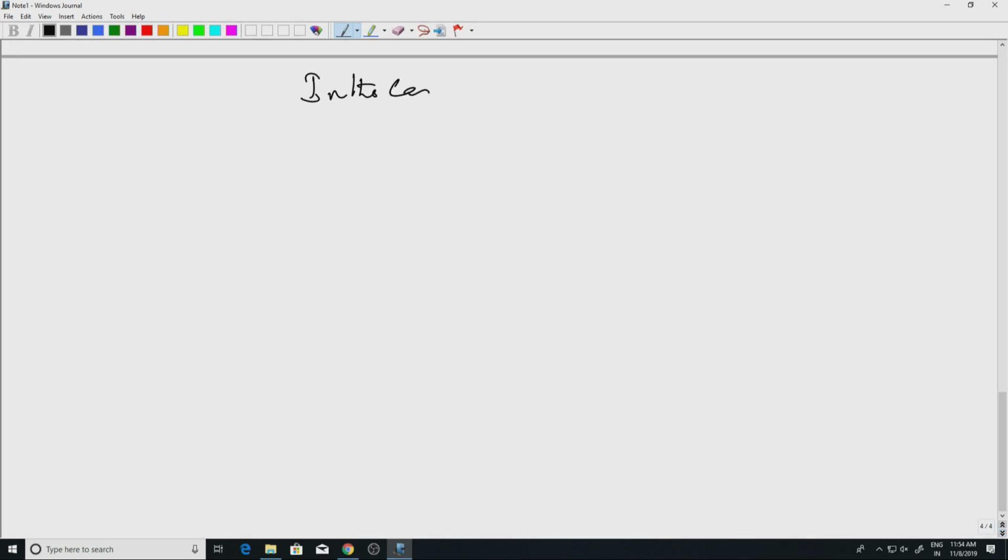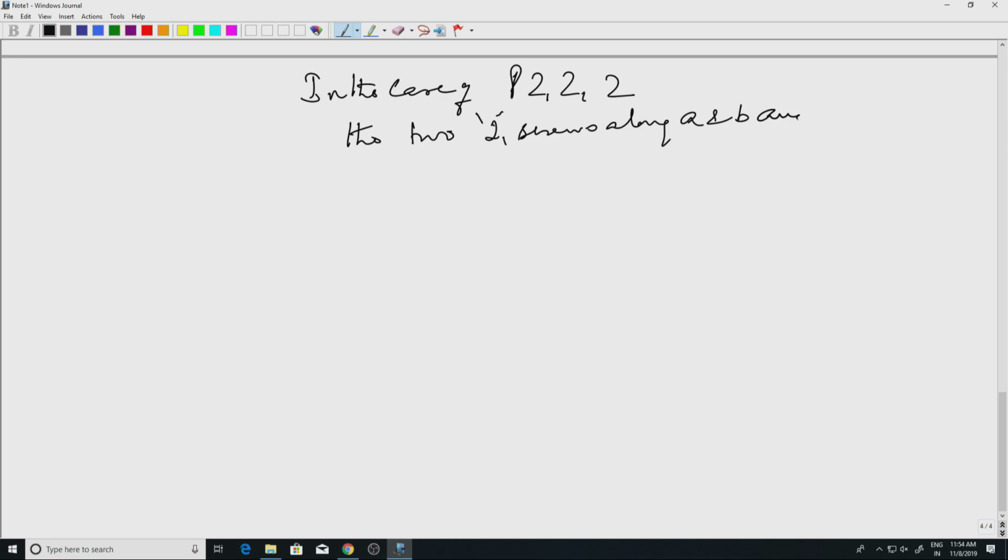In the case of P21212, the 2 screws along A and B are mutually shifted by 1/4.